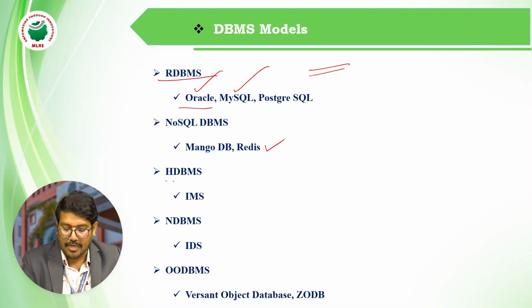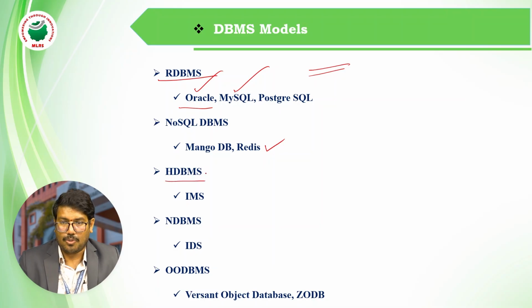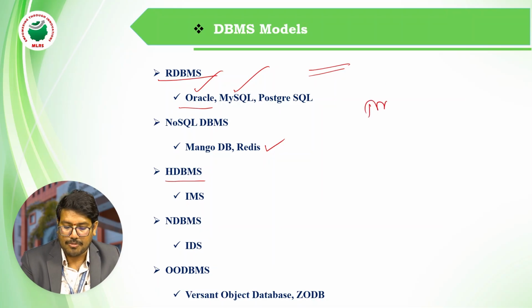And the third one is the hierarchical database management system. In this, data will be stored in the form of a tree, I mean a tree structure.